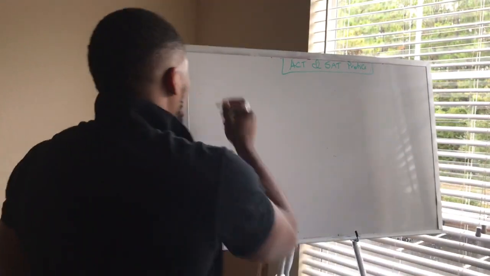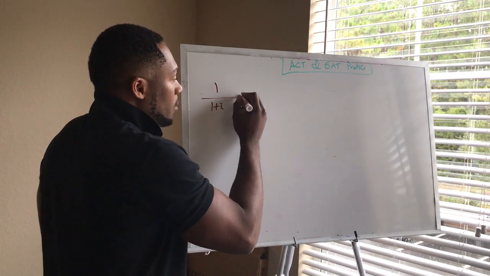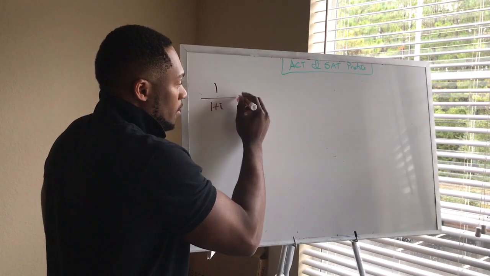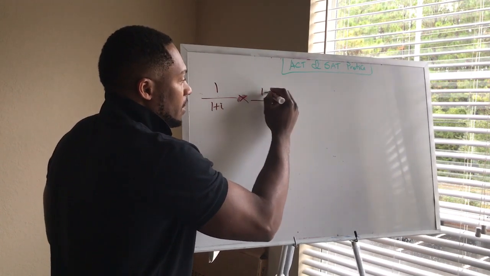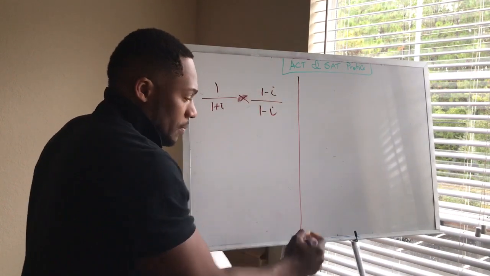So here, 1 over 1 plus i multiplied by 1 minus i over 1 minus i.